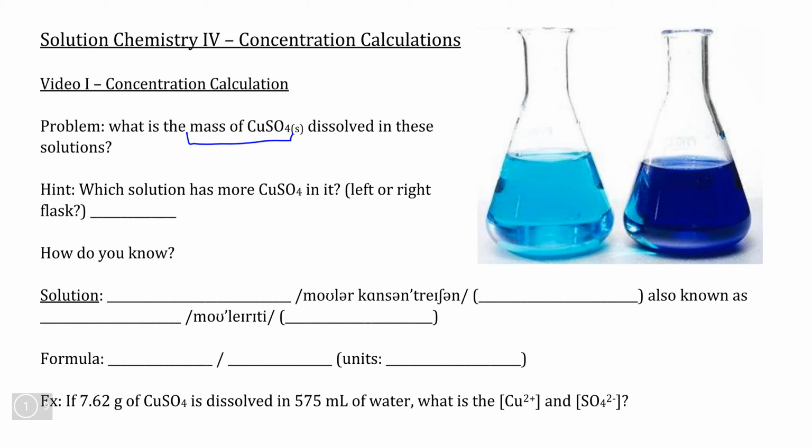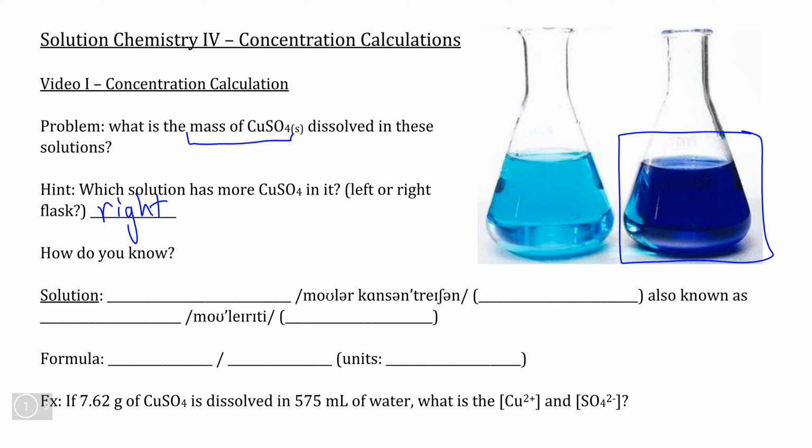However, we can still tell that these two solutions do not have the same amount of solute in them. If you had to guess which of these two solutions has more CuSO4 dissolved in it, if you said that the Erlenmeyer flask on the right has more solute dissolved in it, your instincts have served you well.